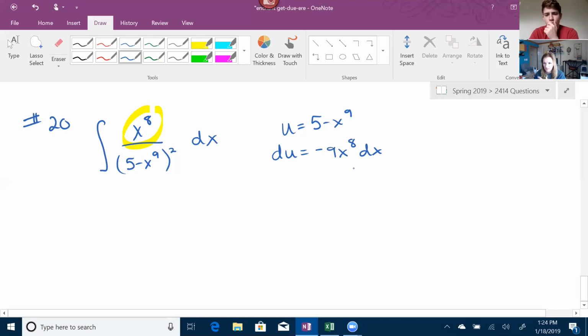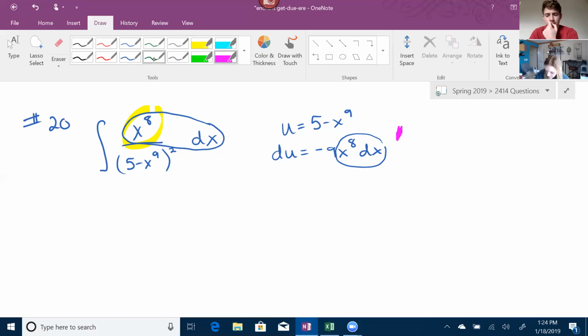I need to get rid of anything that has an x, and I need to get rid of the dx. I've got x to the 8 dx right here, and I have x to the 8 dx right here. On this side, it's only off by a constant. So I can solve for x to the 8 dx by dividing both sides by negative 9, which is the same as multiplying by negative 1/9.